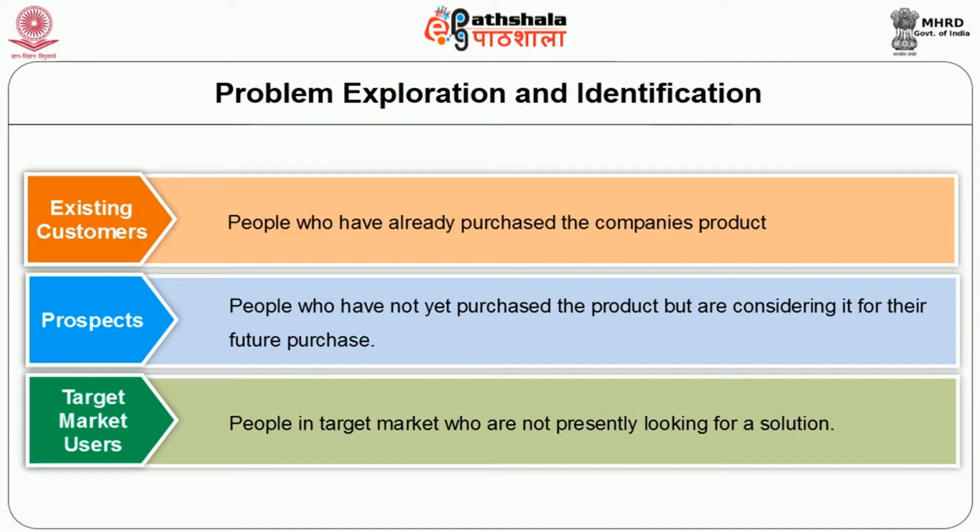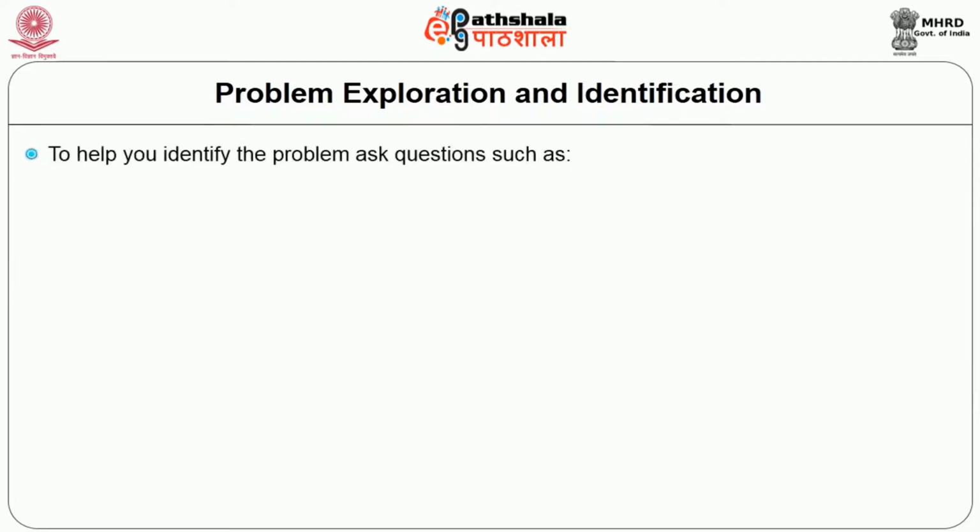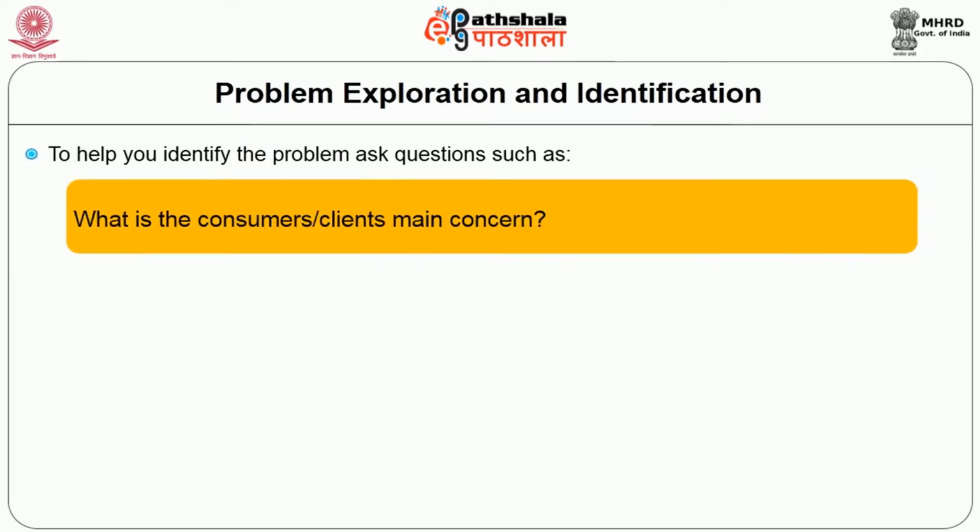The key point to remember is you want to identify what the marketplace says is a problem, need or gap, not what you want to believe is a problem. To help you identify the problem, ask questions such as: what is the customer or client's main concern?